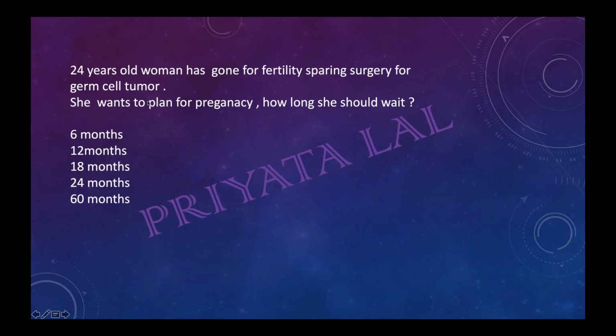Okay, so a 24 year old woman has gone for fertility sparing surgery for germ cell tumor. She wants to plan for pregnancy. How long should she wait? 24 months.